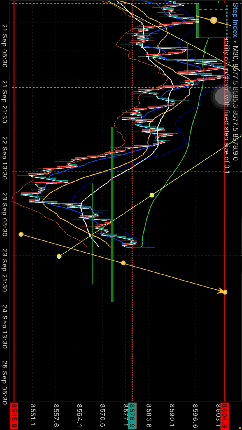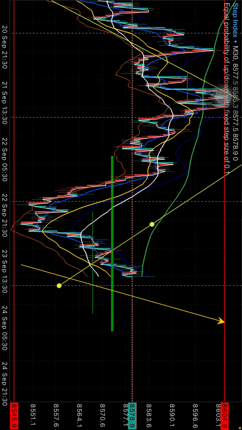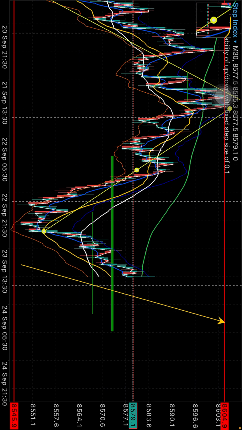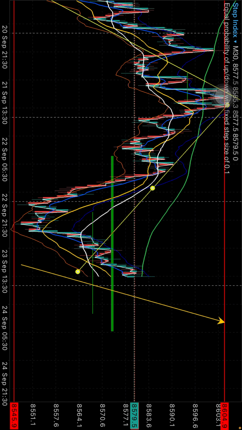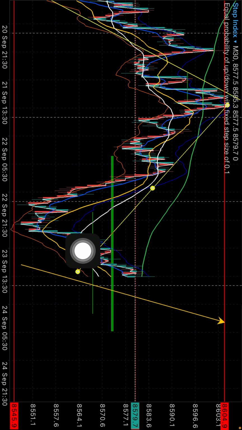So now step index can buy to break back this level right here. And we already realize that the market broke out of the downtrend, which is right here, and respected, right? This is our trend line. The market broke out and respected. Now the market should retest here and buy to here.